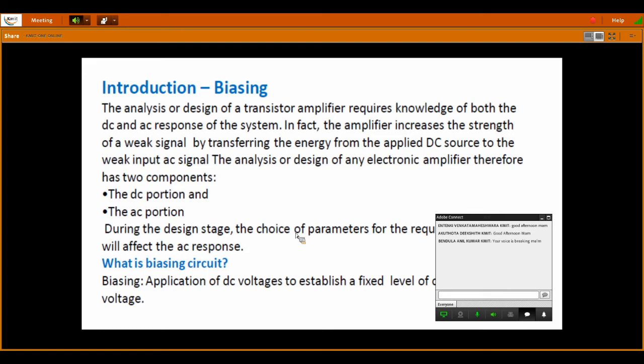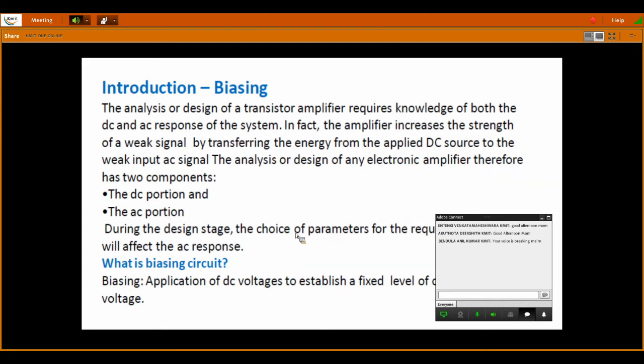We would know the input resistance, the amplification factor, the voltage gain, the output impedance, and which is preferable as a voltage amplifier and which will be used as a buffer amplifier. These things we could analyze using the DC characteristics, but what you can prefer as a voltage amplifier can be obtained by using the concept of biasing.